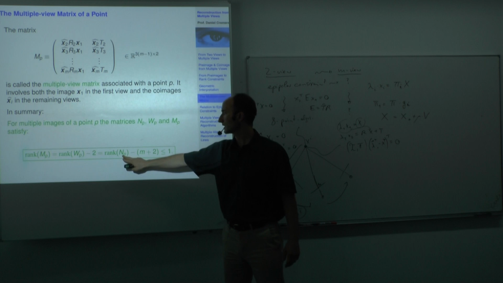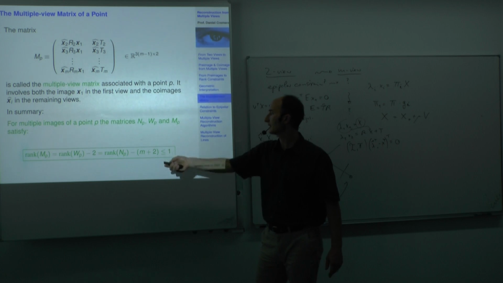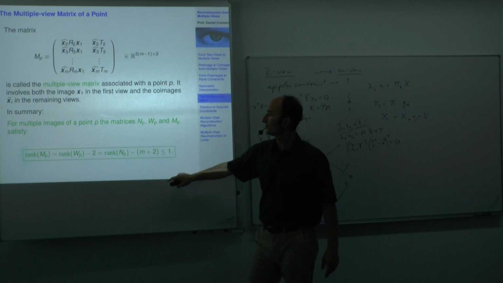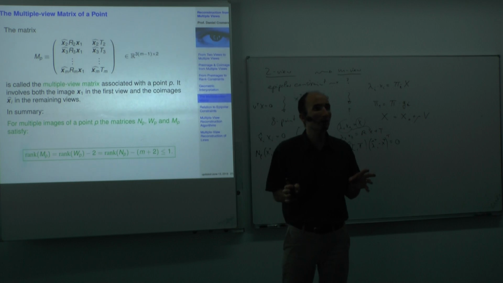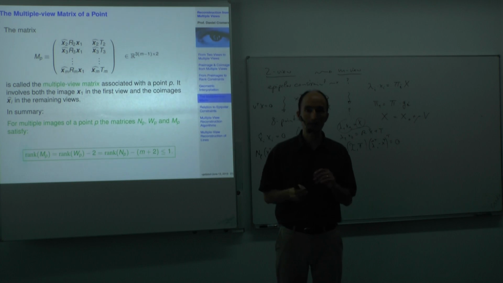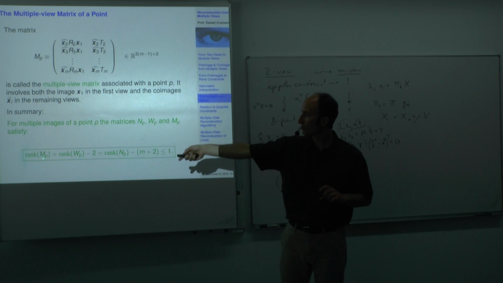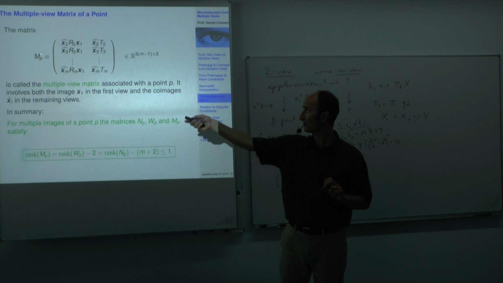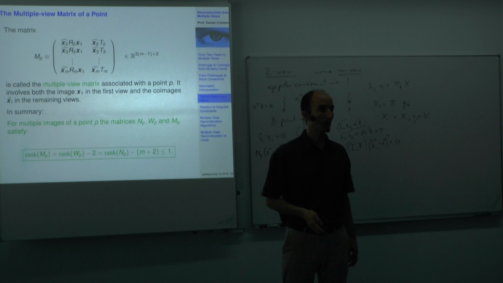The first constraint, we had the matrix NP saying that NP had a rank that was smaller than M plus 3. Then we had the matrix WP where we said this matrix has 4 columns, but really it's only rank 3, at most rank 3. And now we have this multiple view matrix MP up here, where we can say the rank of this matrix is at most 1.